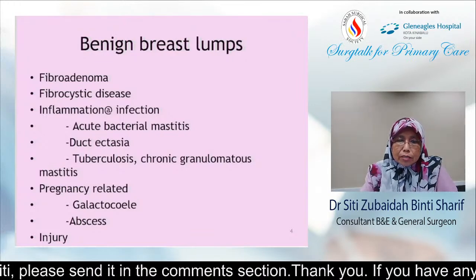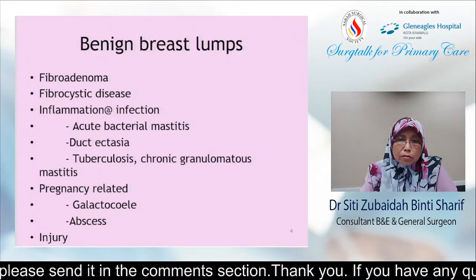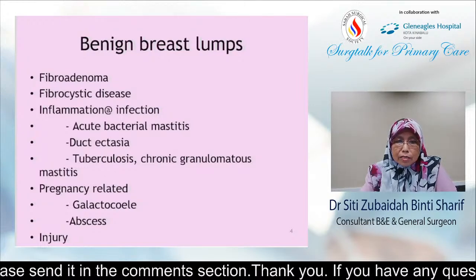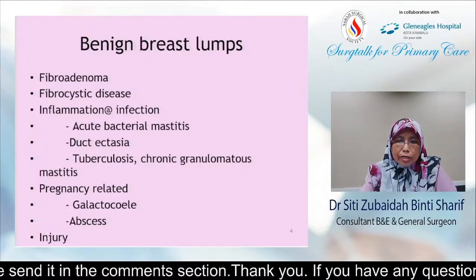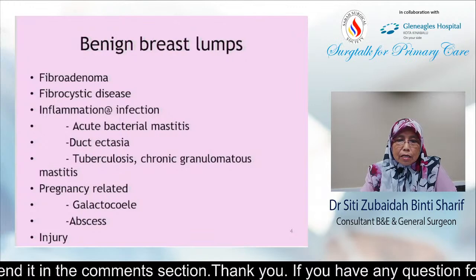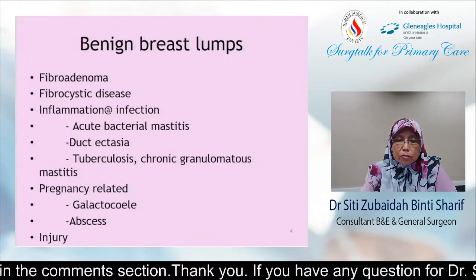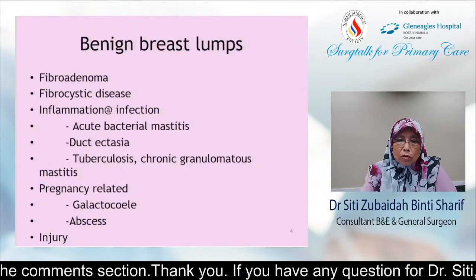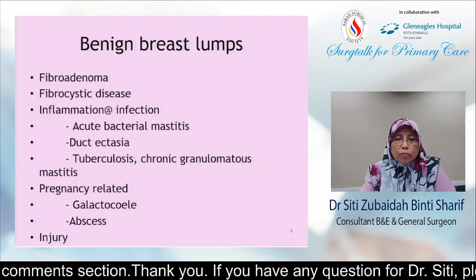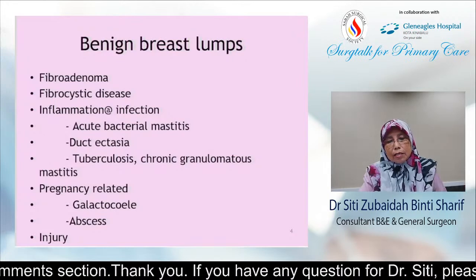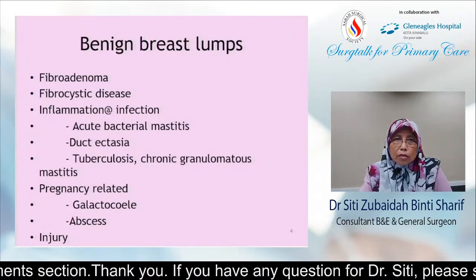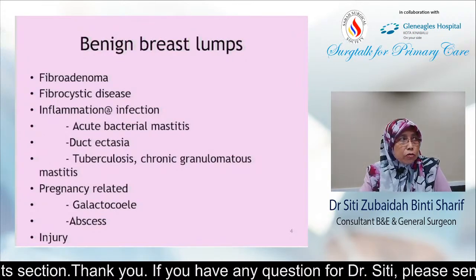Benign breast lumps can be fibroadenoma, fibrocystic disease, or infections like bacterial mastitis, duct ectasia, tuberculosis, chronic granulomatous mastitis, or, if related to pregnancy, a galactocele or abscess, or fat necrosis due to injury.